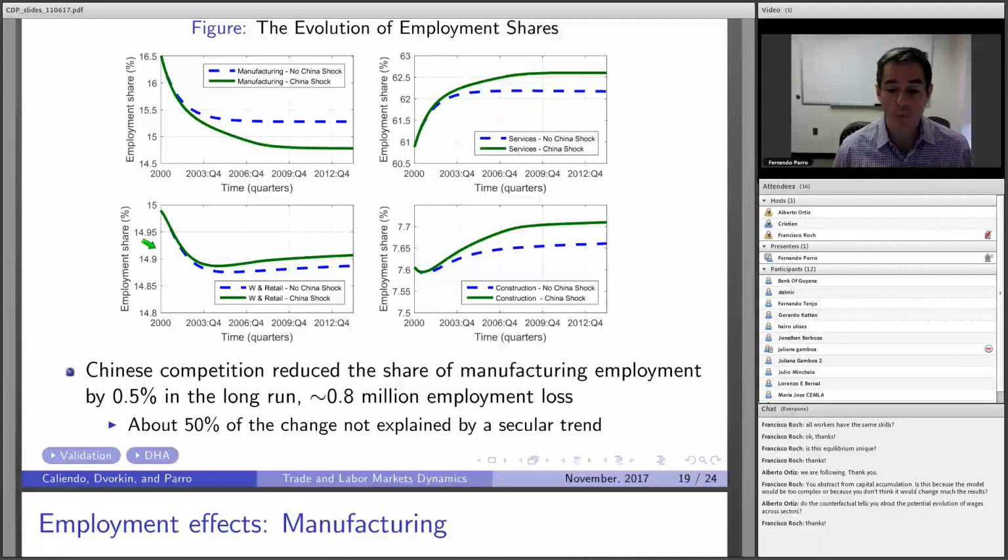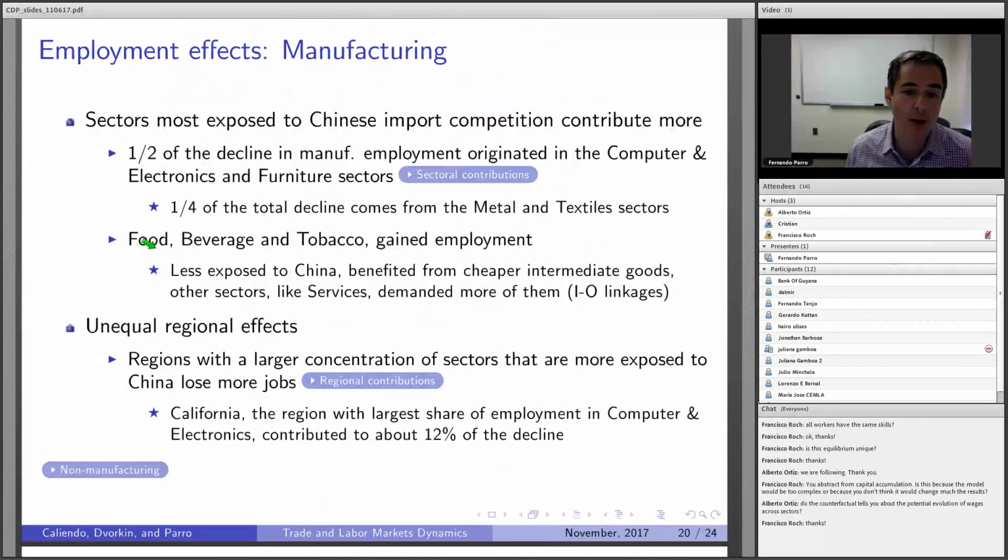Therefore, with the China shock, the services sector has access to cheaper materials from China, and that allows it to expand production and to absorb the employment displaced from the manufacturing sector. Okay, we also see an increase in employment in the construction sector. I think we have the number in the paper, about 75,000.